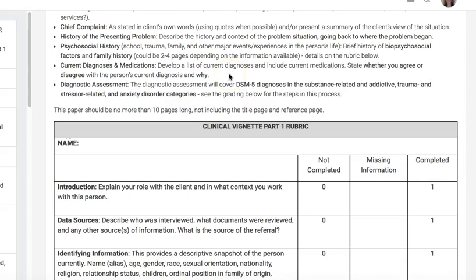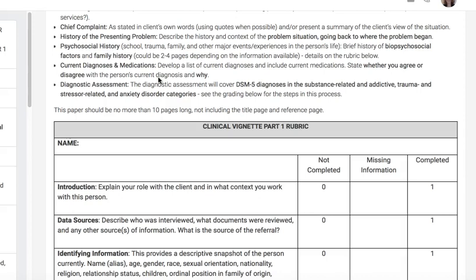Then you make a list of the person's current diagnoses and their current medications, and you are going to then state from your own opinion whether or not you agree or disagree with the person's current diagnoses, and you're going to say why.